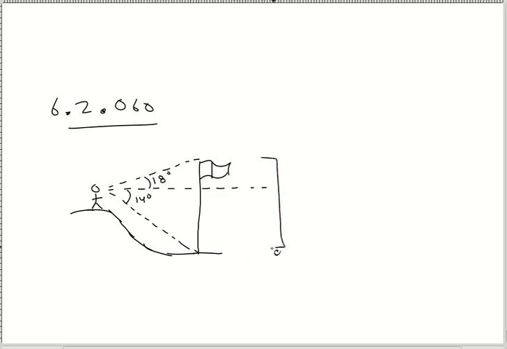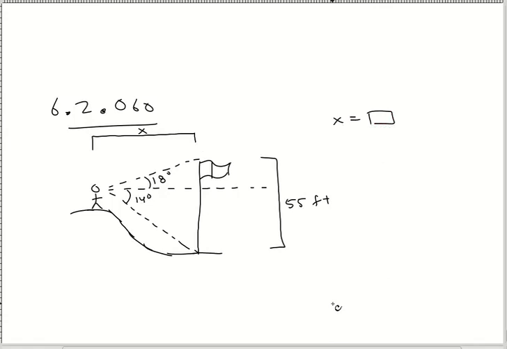The person knows that the flagpole is 55 feet tall. What they're wanting to know is how far away that person is from the flagpole. Solve for x. So, what's the distance in order for all that stuff to make sense?